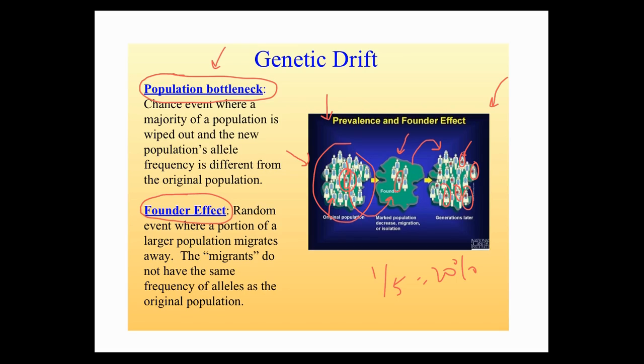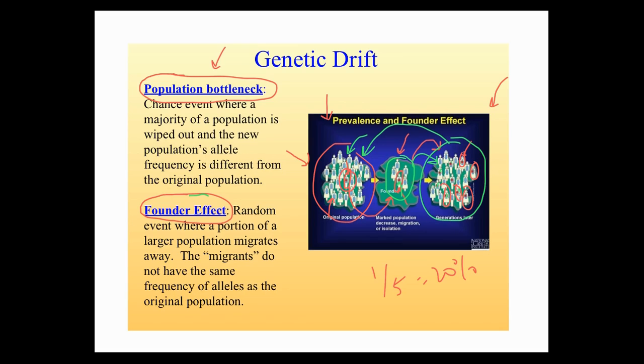And now, once again, it's like a sampling error where that trait used to be extremely rare in the original population. Only 1 out of 23 people had it. Now, in this new population, it's not even close to as rare because now 1 in 5 people have that trait. Once again, when they repopulate their new island, a much larger percentage of the new population is going to have that red trait compared to the original population.